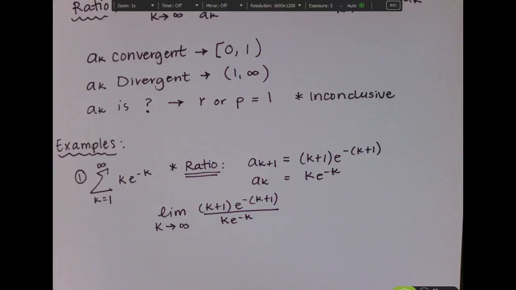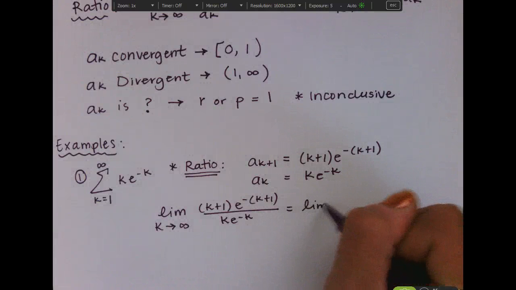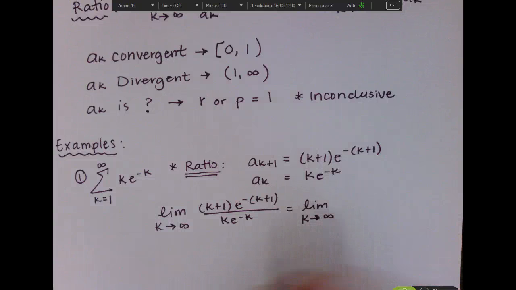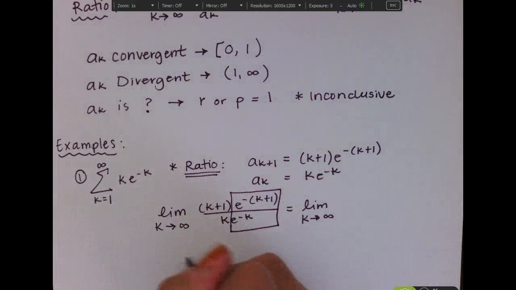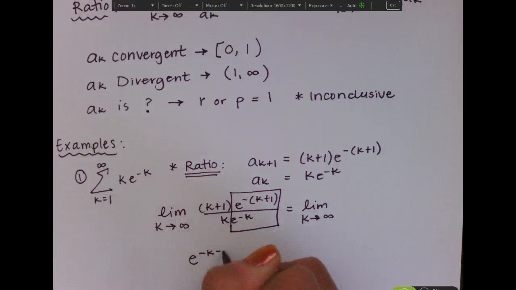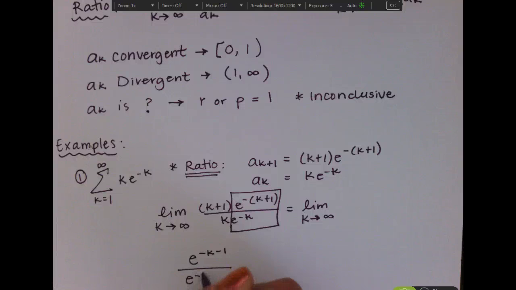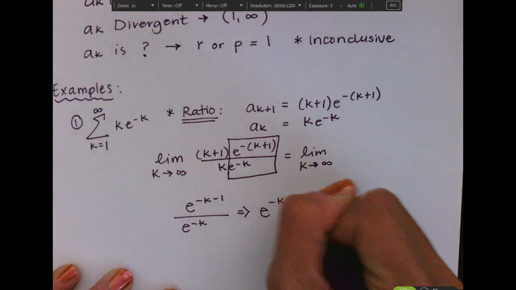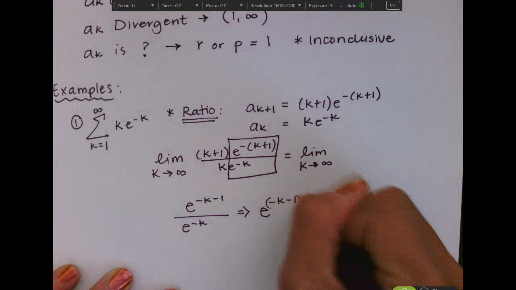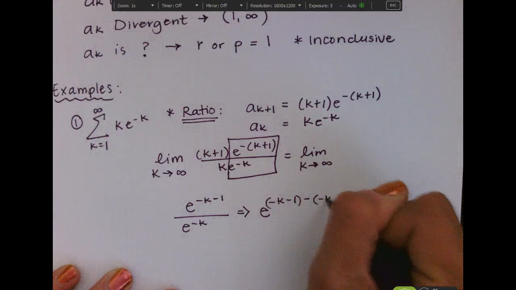Now, it's often helpful to go ahead and combine or simplify before you take your limit. So what you'll see is that you do have two terms that have the exact same base. And so let me pull that out and look at that separately. And if I distribute that negative, it also might help. But remember, when you're dividing exponential terms that have the same base, the rule is that you take the top exponent and you subtract the bottom exponent.